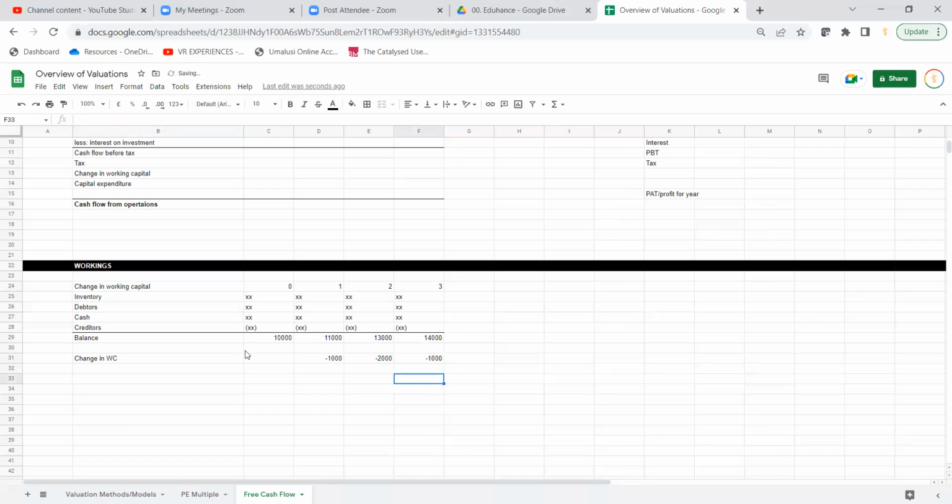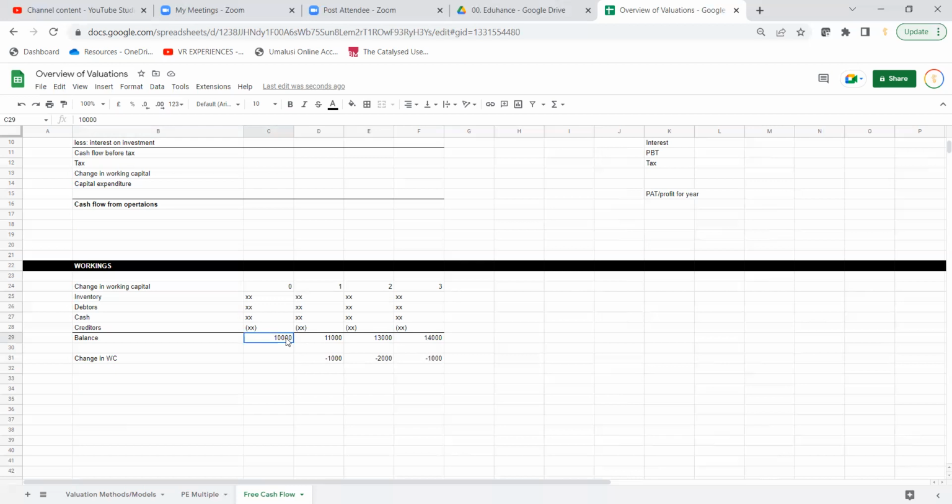As you can see, because the numbers are increasing, we want this to be negative. Because working capital is increasing, it means we need more financing, and the more financing we need, the more outflow is required. If working capital is increasing year on year, it must be negative, which means we need more cash flow to fund that working capital.